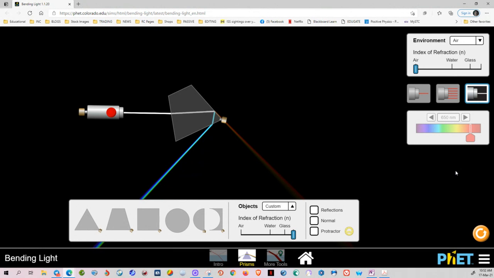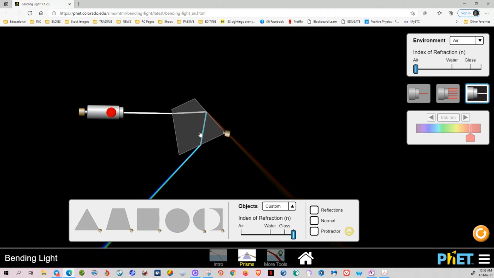So the prism, because of the refraction of light, will actually affect the speed of light depending on the frequency. The light with the biggest wavelength is red. It has the least frequency, so it will be the last color that will disappear.